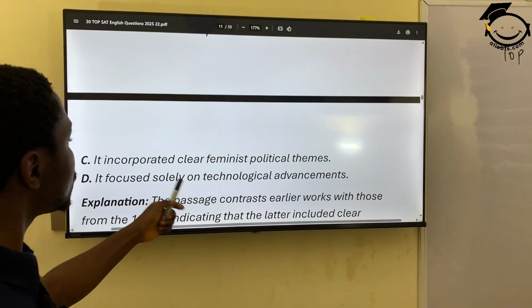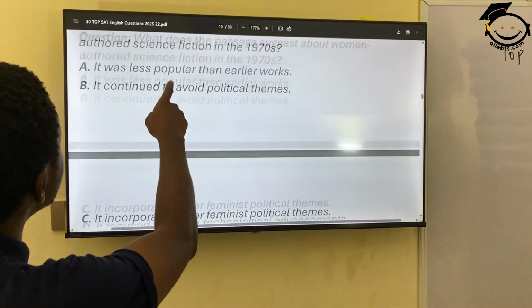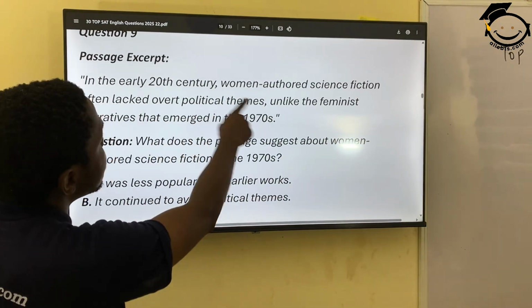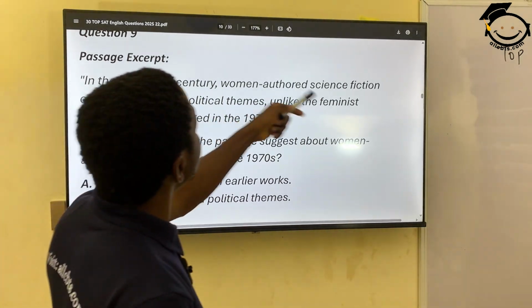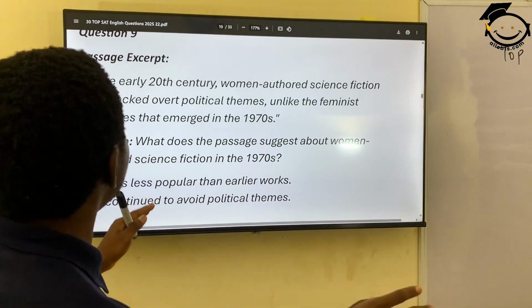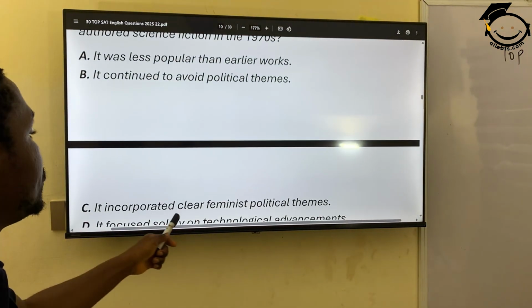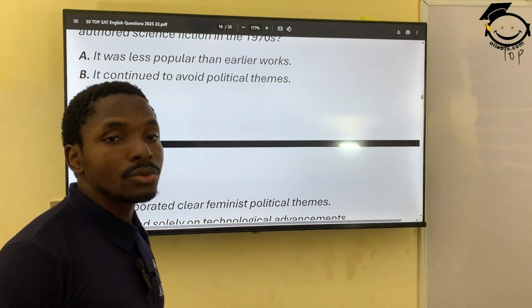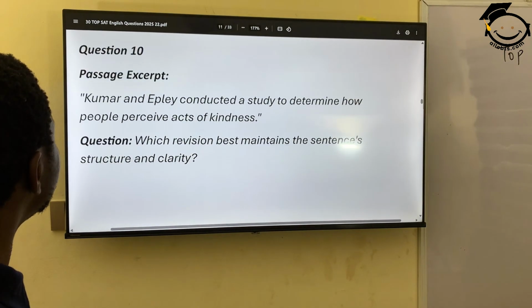And D, it focused solely on technological advancement. What will be the answer there? Let's look at the passage again. In the early 20th century, women-authored science fiction often lacked overt political themes. So comparison between two fictions. So the answer there will be C. It incorporated clear feminist political themes. Moving onward to question 10.